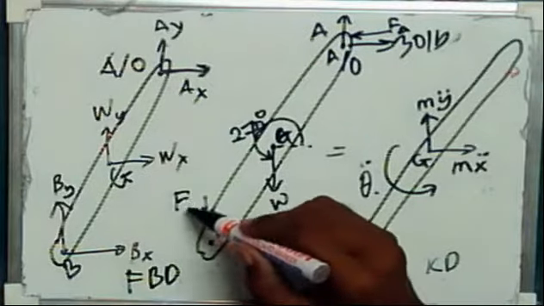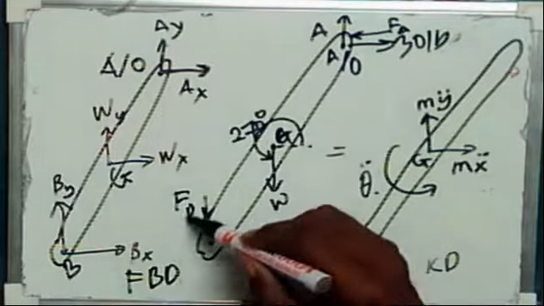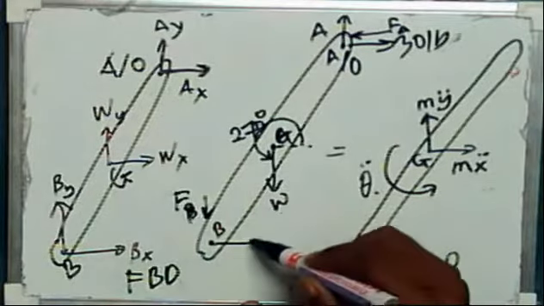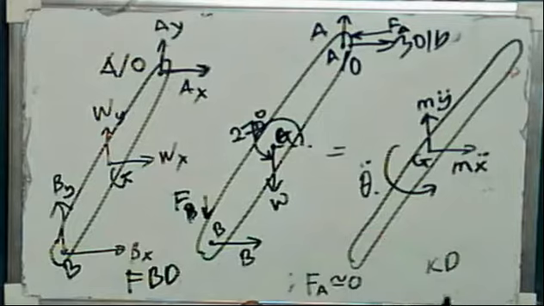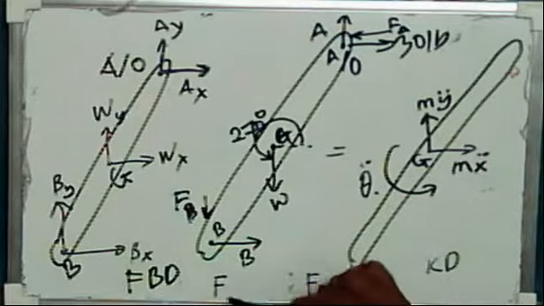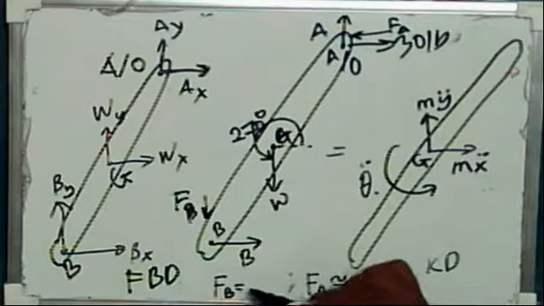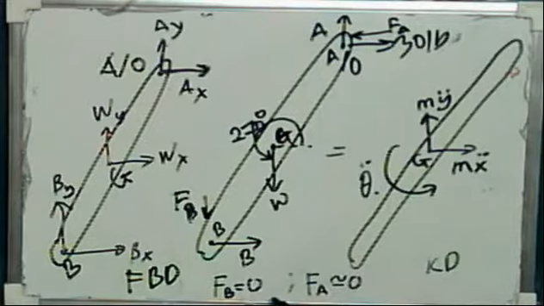At B, we have the force that opposes the motion in that direction, unknown force B. In the question, it says that the rollers at A and B are moving inside a smooth guide. So we assume that the friction at A is equal to 0, and the friction force is approximately 0.